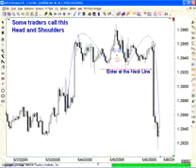Now, help me understand this about you. Would you rather enter at a neckline in this situation? Or would you rather enter right here? Or how about enter at this evening star? Which one is better?